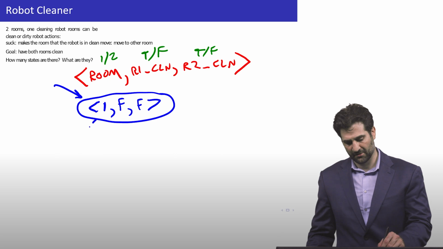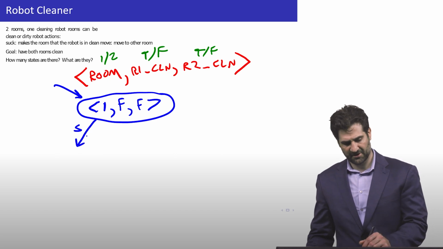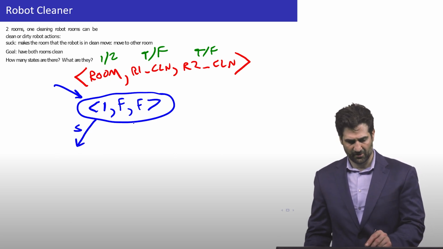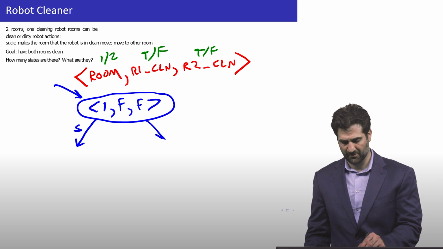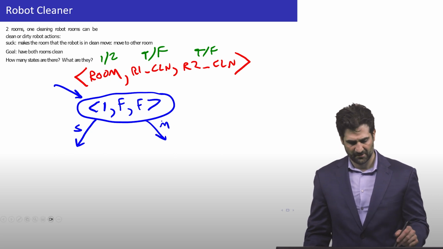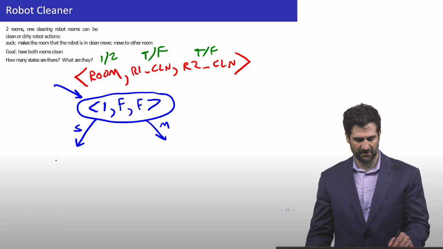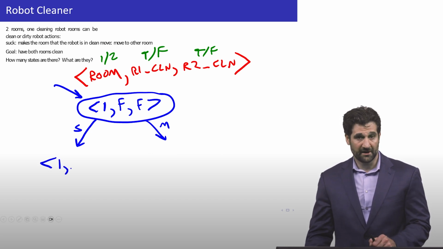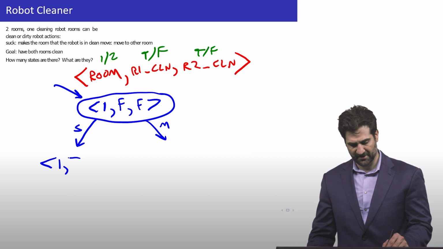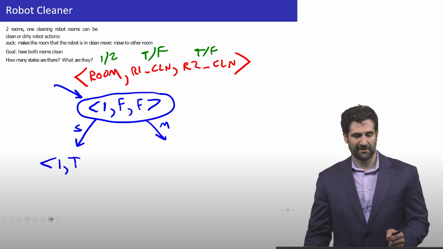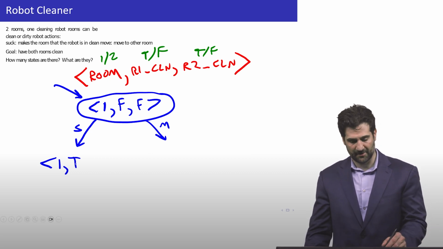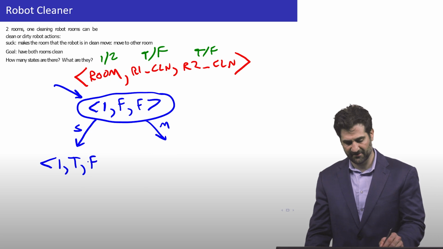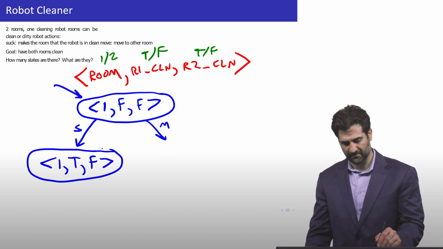It can do the sucking action, or it can do move. If it does the sucking action, well, the robot still is in room 1, but room 1 is now clean, so that's true. However, room 2, nothing happened, so that's dirty, so that's false. Okay, so there's that state there.